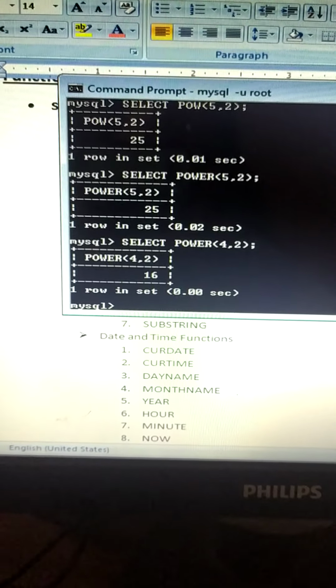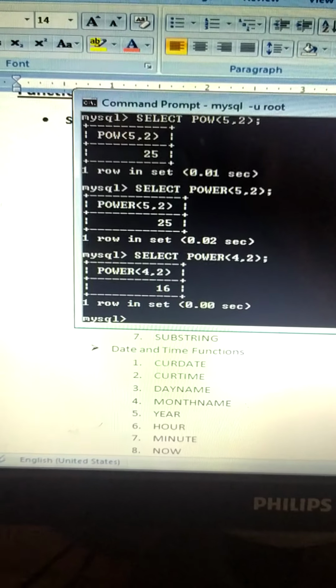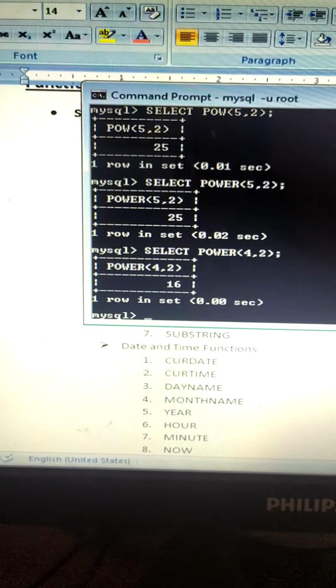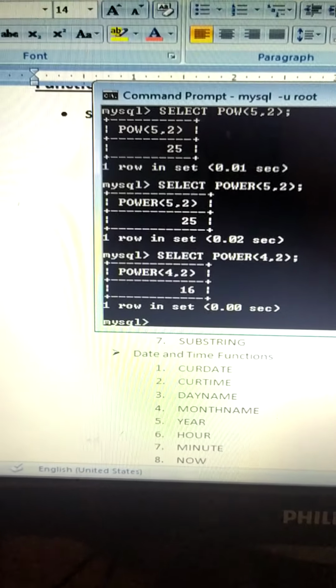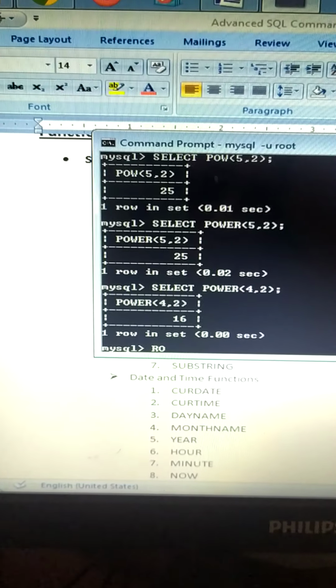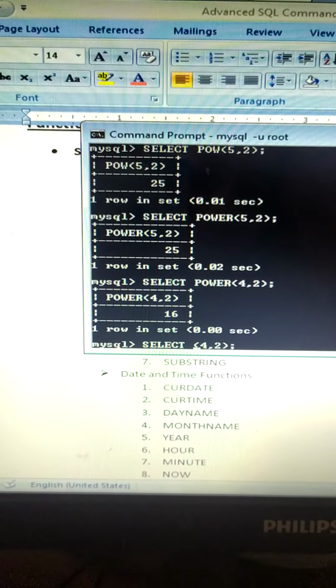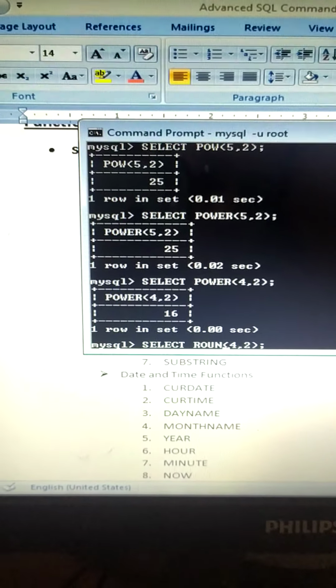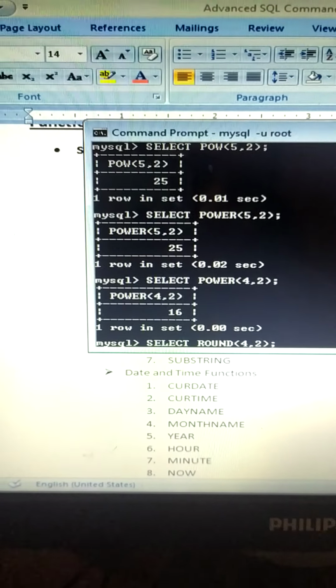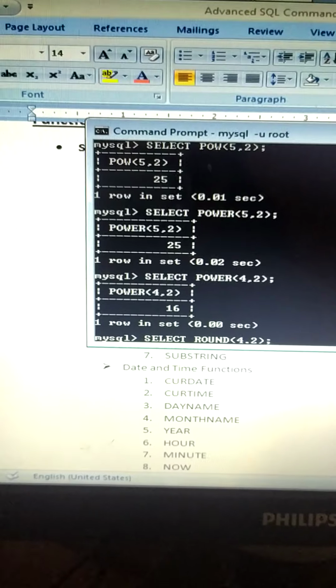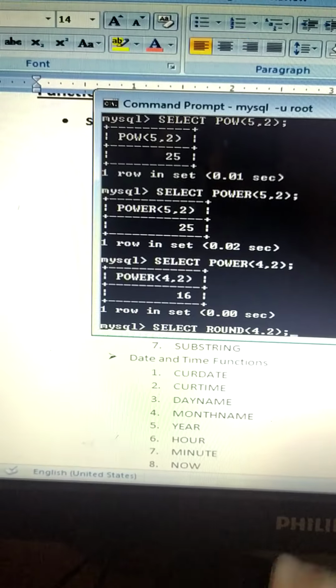Now next is round. Round means the decimal point is eliminated. Select round of, suppose, 4.2. So now the answer should be 4.